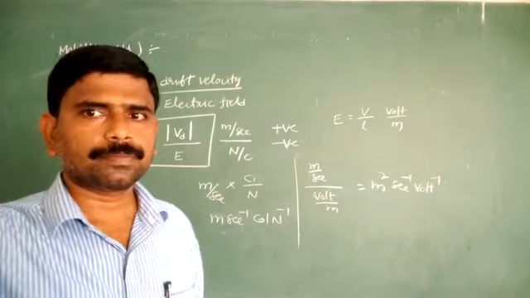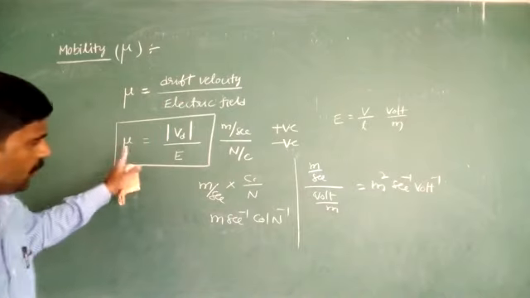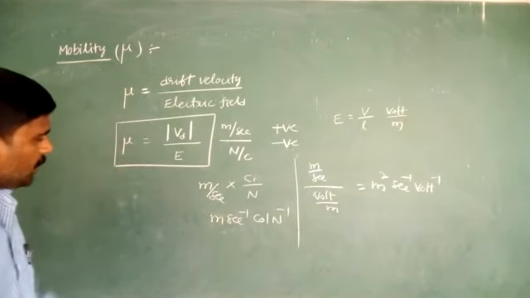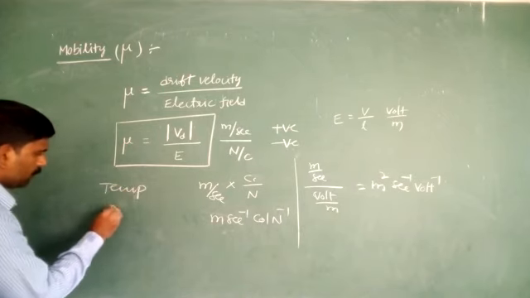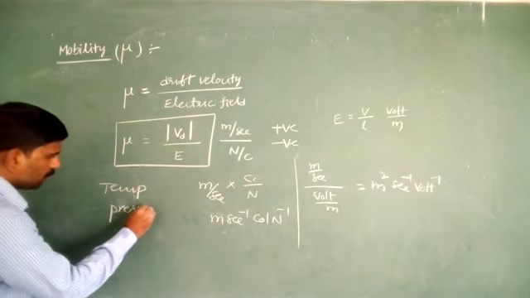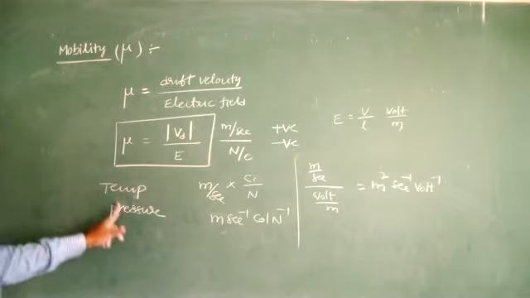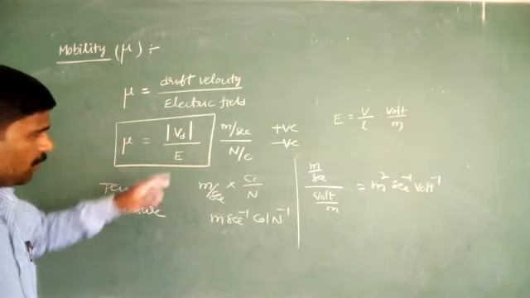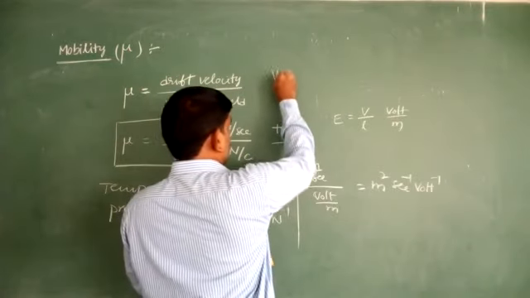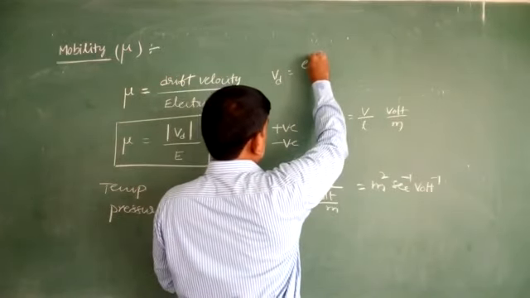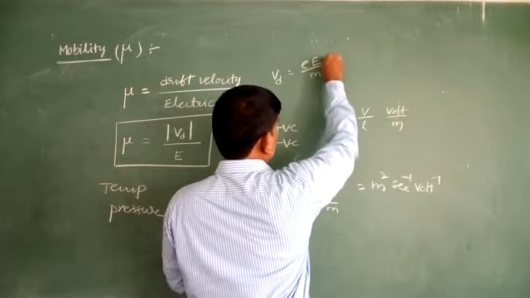This mobility depends upon the temperature, and at the same time the pressure also. Why? Because we know that the drift velocity Vd is equal to capital E by M into tau.